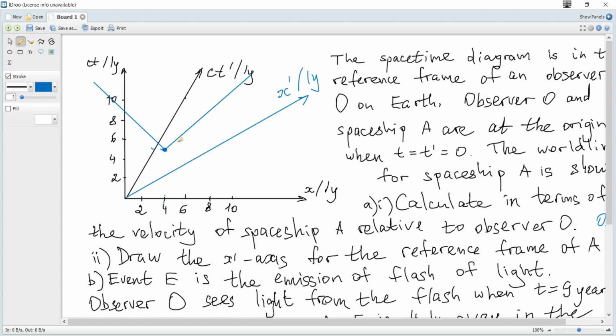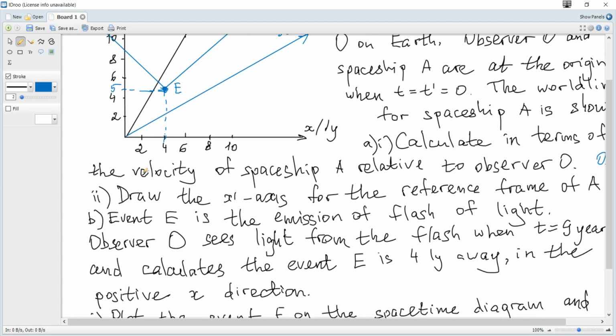So it's the required event E, and it has coordinates 4 and 5. It's the emission of light.